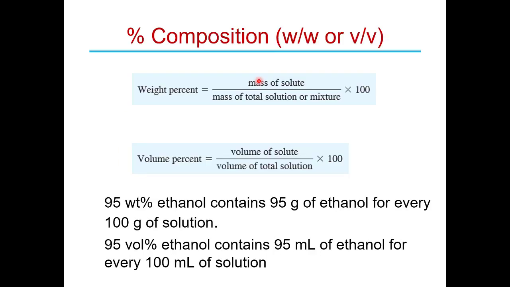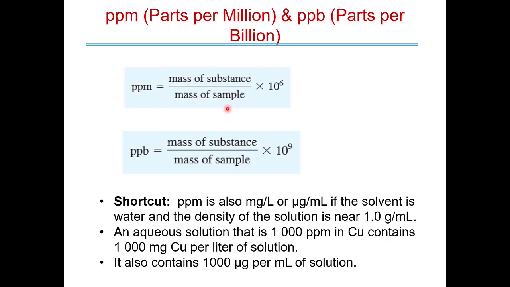Just like weight percents are parts per 100, we think of parts per million as how many parts there are per million. So if you have 1,000,000 grams of that solution, and it's a 5 part per million solution, then 5 of those 1,000,000 grams are going to be due to your solute. We use these when we're talking about very, very dilute solutions. Parts per billion is the same idea, but we multiply by 1,000,000,000 instead of 1,000,000. So here's a little shortcut.